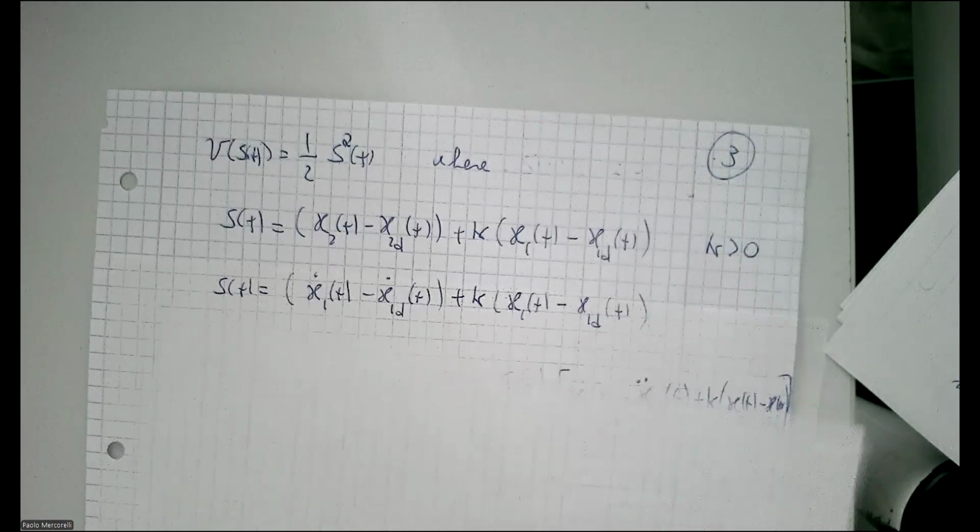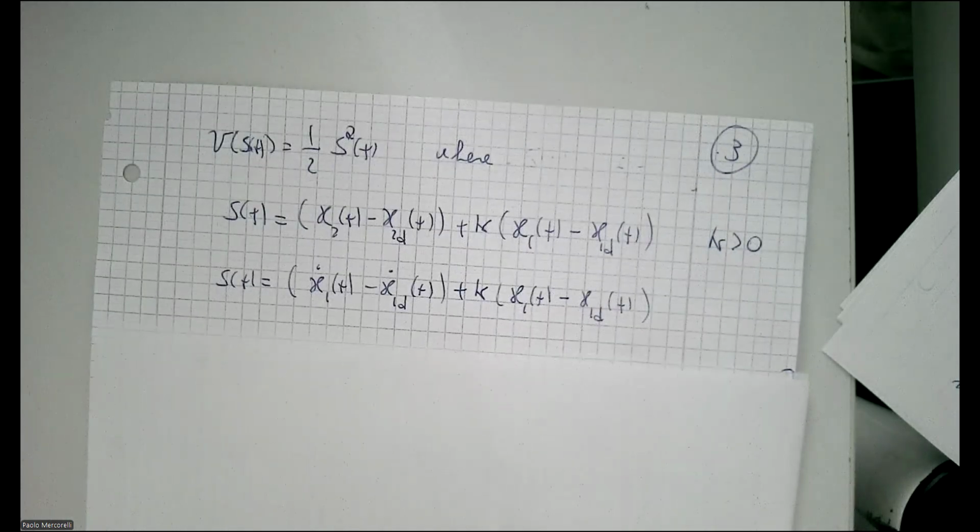Why this choice? First of all, we have a system of the second order. Actually, second order is not correct: a system with two states. This means we have an interesting criterion, which can also be demonstrated, to choose the surface.